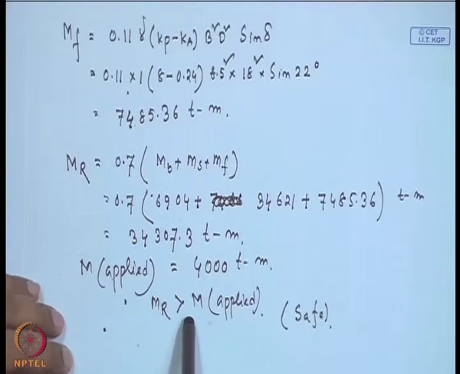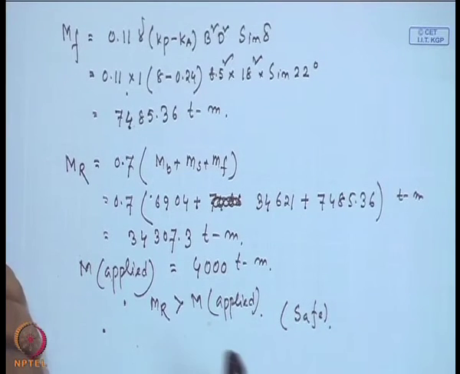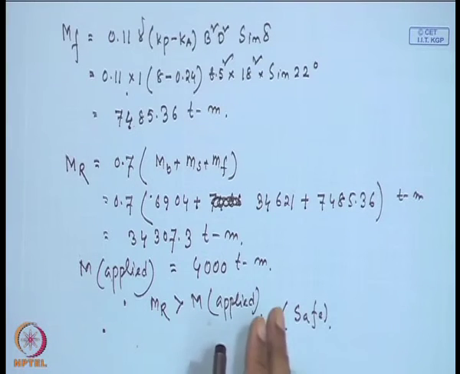So, that means we have done the checking for the resisting moment that is applied. Then we have a checking for the stress which is acting on the soil, that means the Q max and Q min.